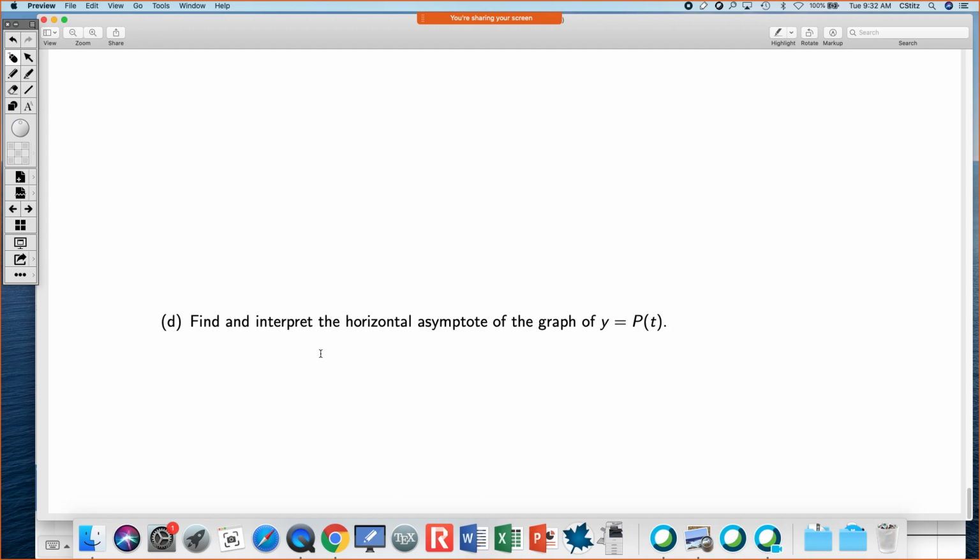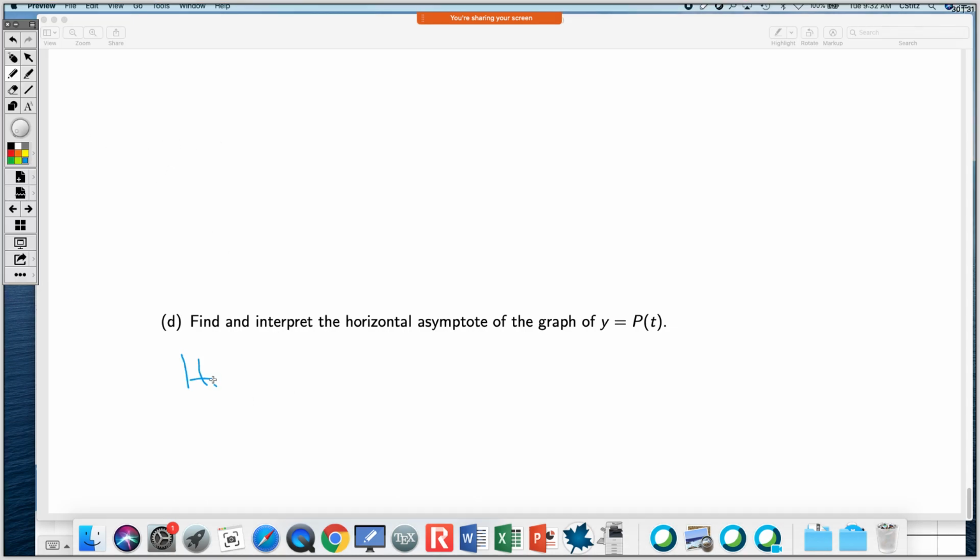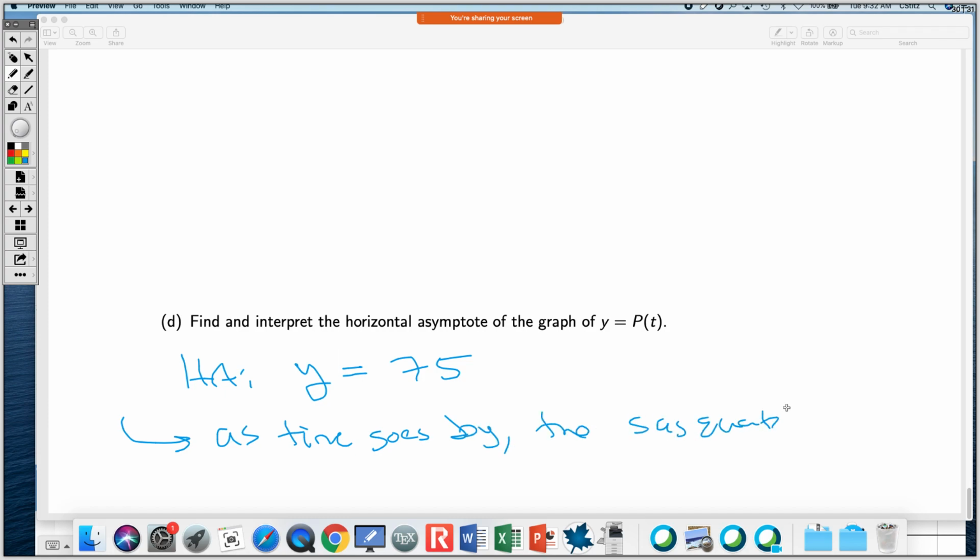Find and interpret the horizontal asymptote of the graph. Well, we did that already. Okay, we did that already. We got the horizontal asymptote, looking at it numerically there, y equals 75. So that means as time goes by, the Sasquatch population will grow to 75.